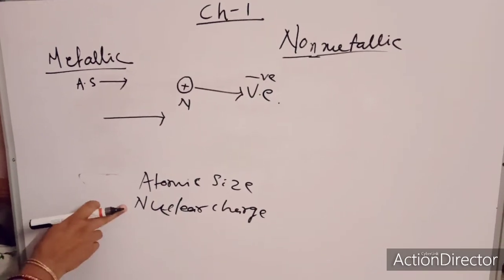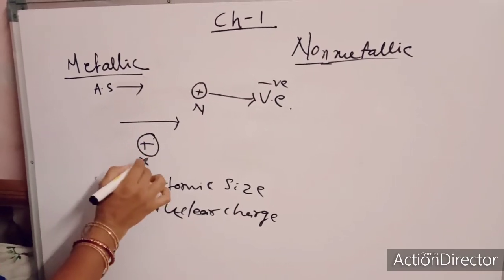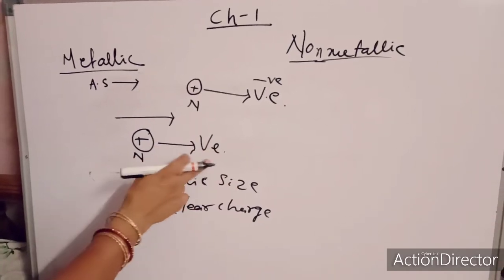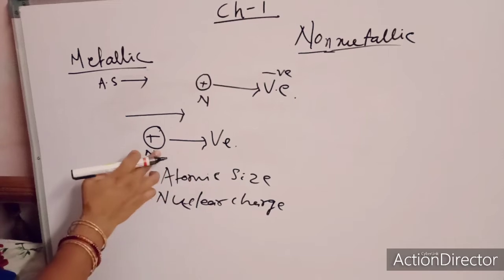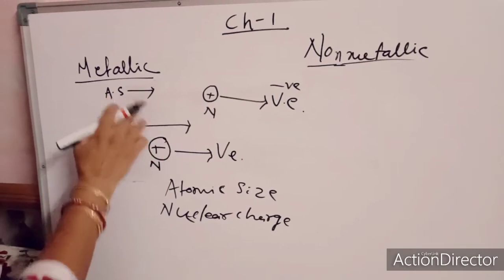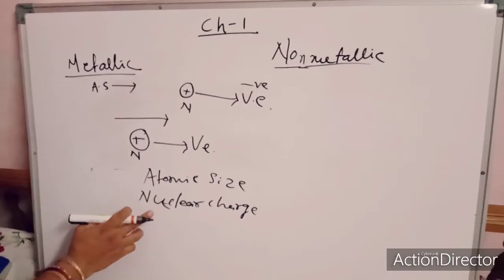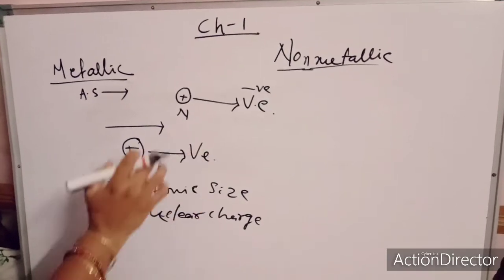When nuclear charge increases, the hold between the nucleus and the outermost electron, that is the valence electron, increases. At that time what happens? The outermost electrons are held tightly by the nucleus. That means the tendency to lose electron decreases. So when nuclear charge increases, the metallic character decreases.